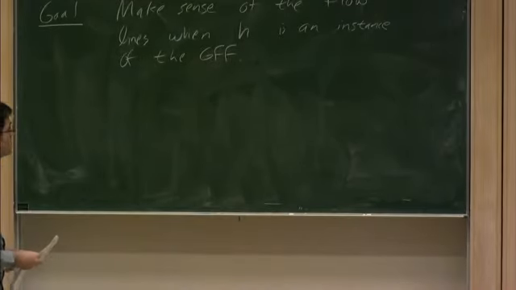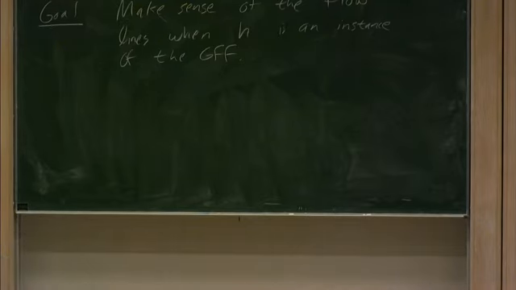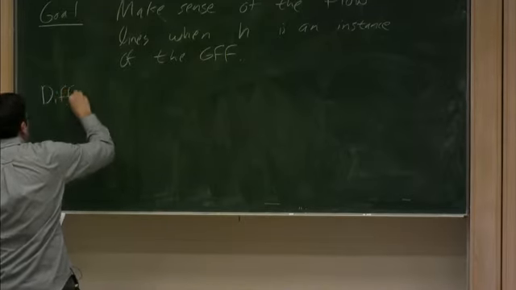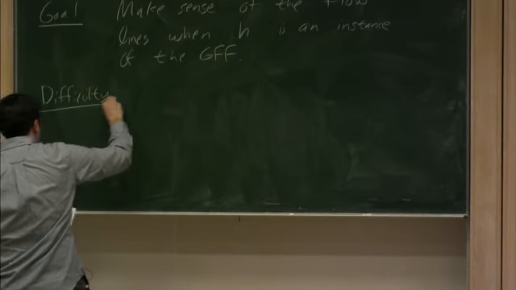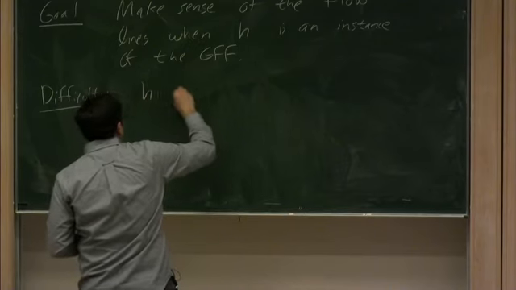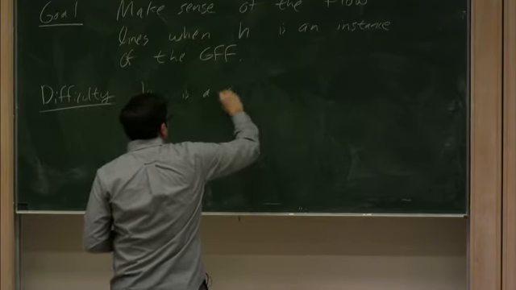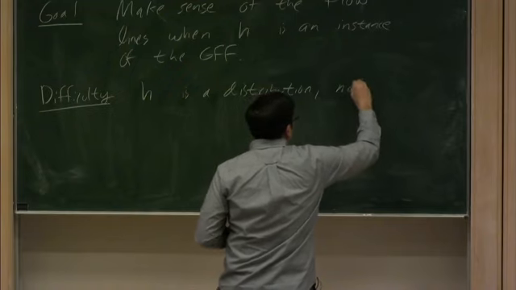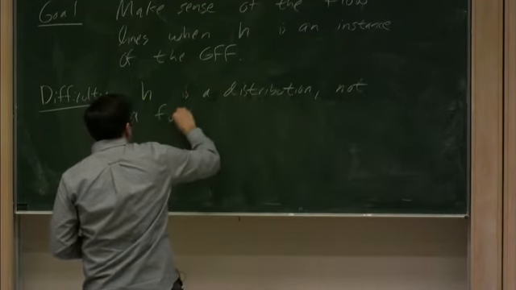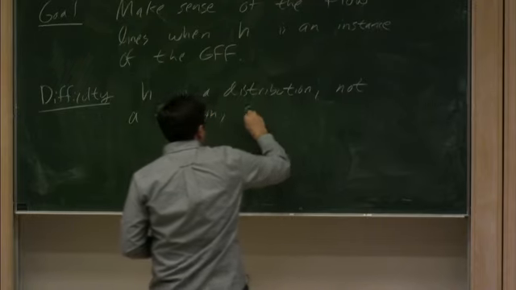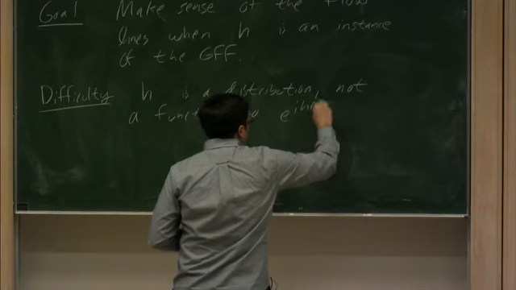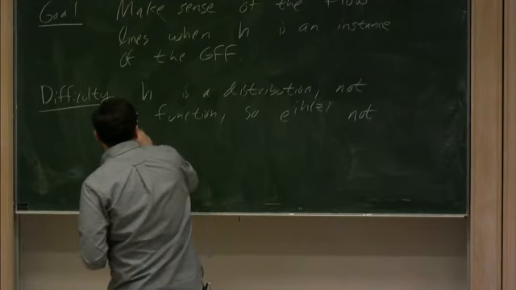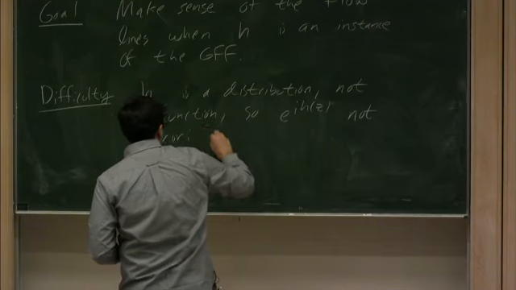And of course, the kind of difficult thing in all of this is that when h is a Gaussian free field and not a function, the big challenge here is that this h is a distribution and not a function. So it doesn't really make sense to write down e to the i h of z. It's not a priori defined what this even means.